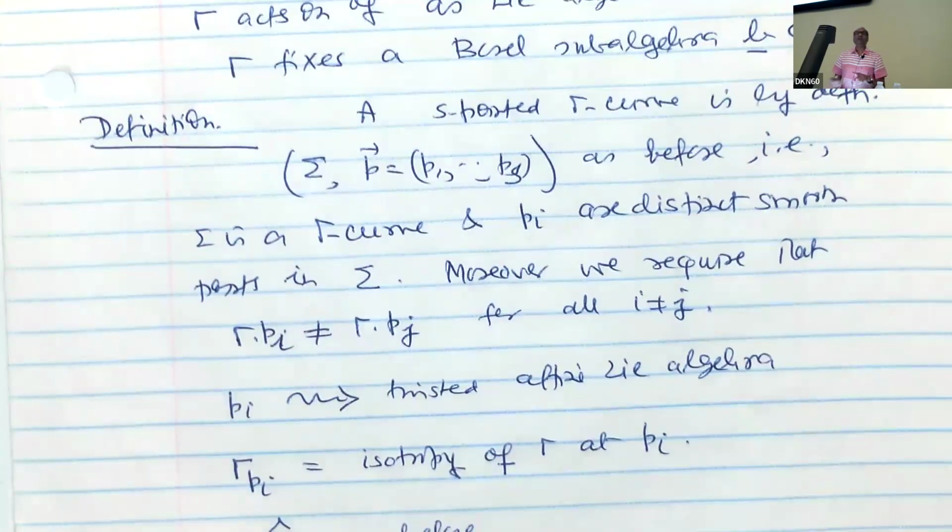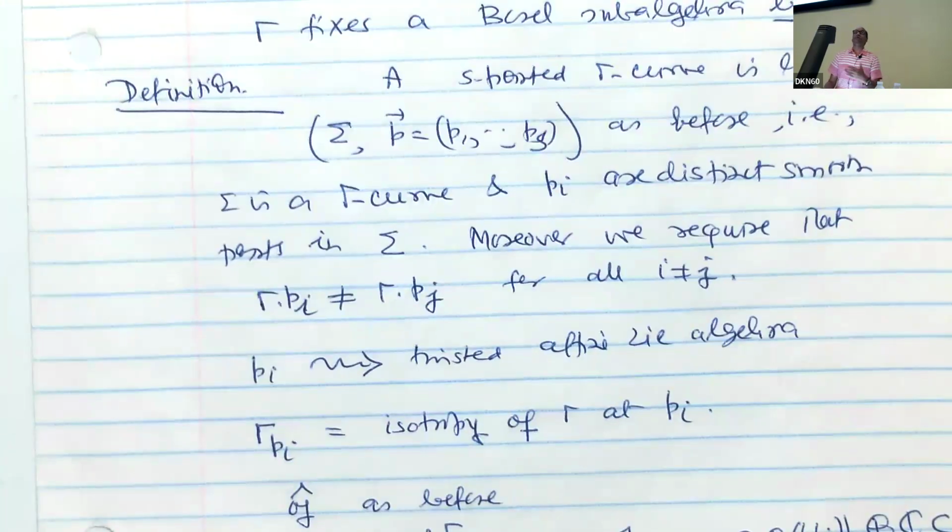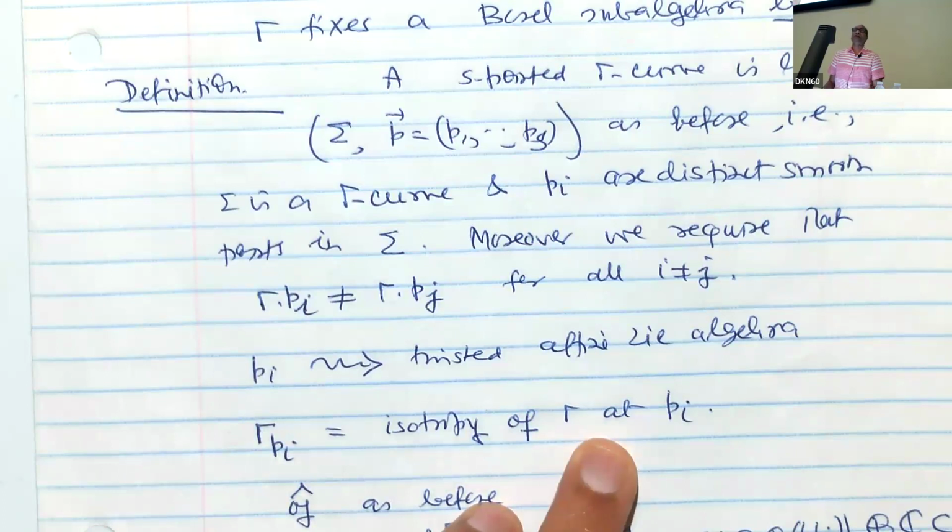Now, to each point Pi, earlier we associated the same affine Lie algebra, the untwisted affine Lie algebra. But now, in this story, we have to involve the twisted affine Lie algebra. So let's take gamma Pi to be the isotropy of gamma at Pi. So gamma is acting on this curve sigma, and Pi is a point there.